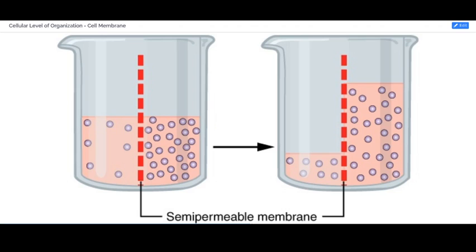On the left side of the first beaker, there's just a few solutes there in the solvent. It's a very weak sugar solution. On the other side, on the right side of the first beaker, there's a lot of solutes in the solvent, relatively speaking.